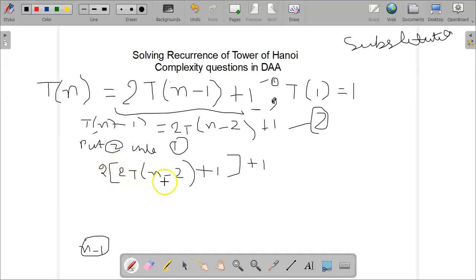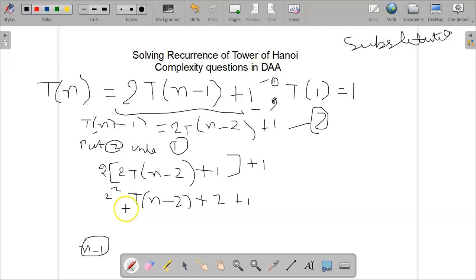Now when we open this bracket, it will become 2 square T(n-2) plus 2 plus 1.